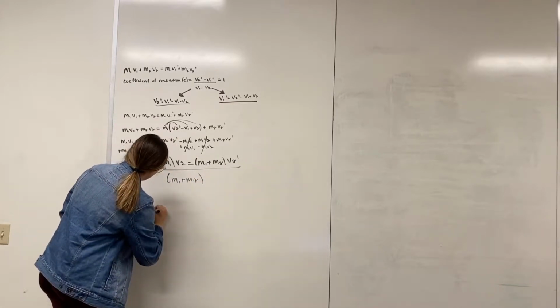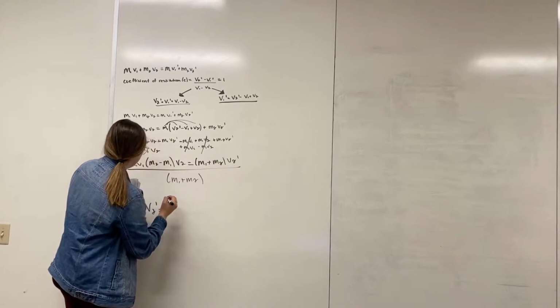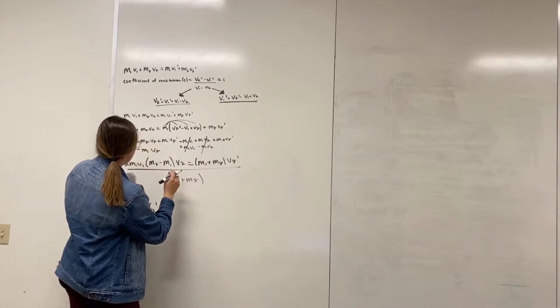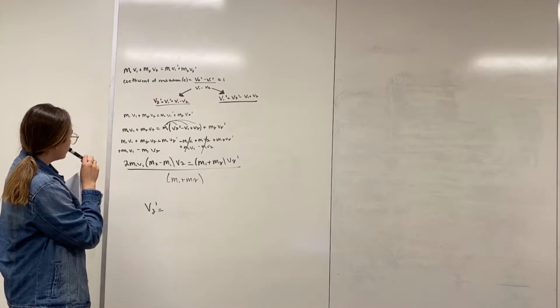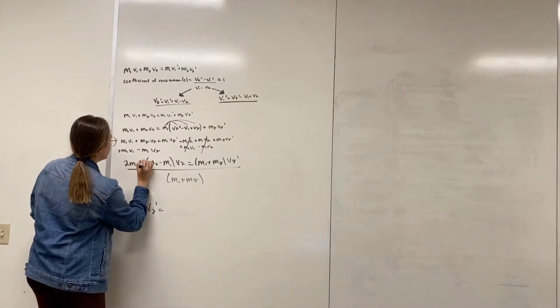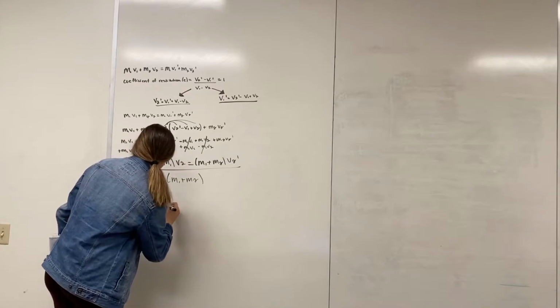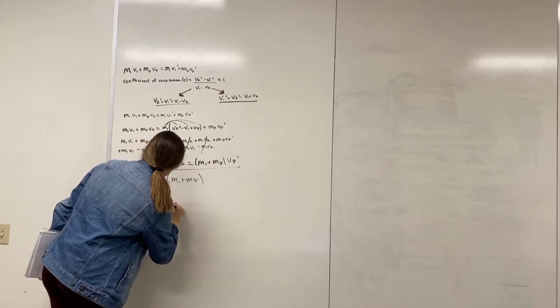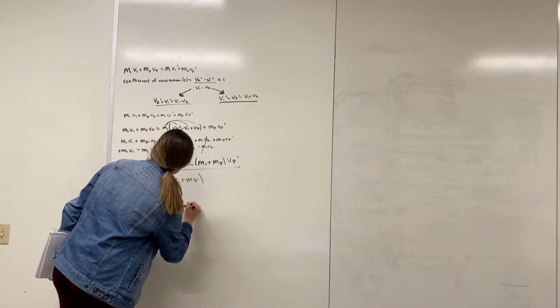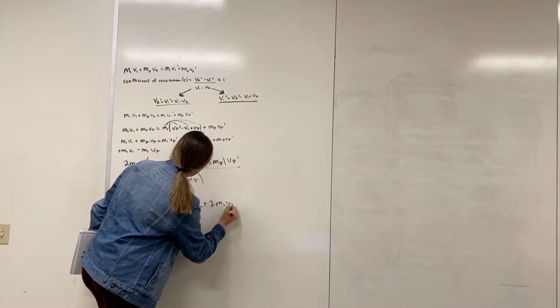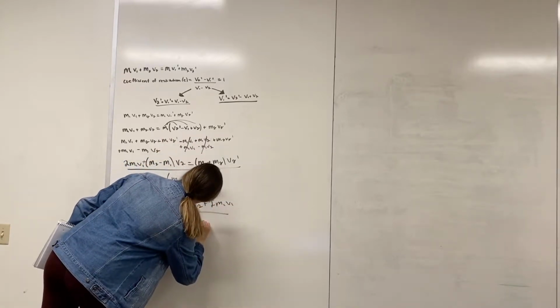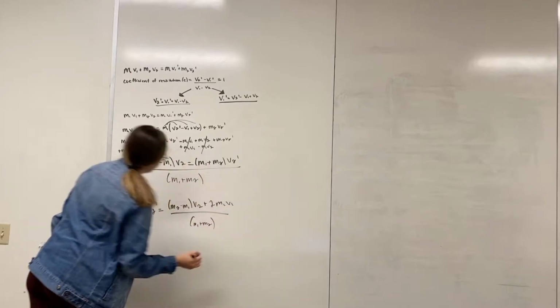So v2 prime equals m2 minus m1 times v2 plus 2m1 v1 over m1 plus m2.